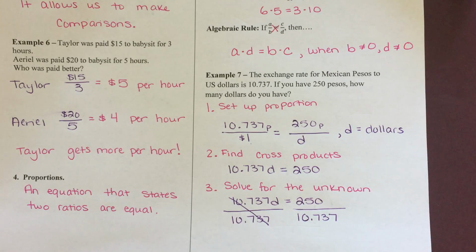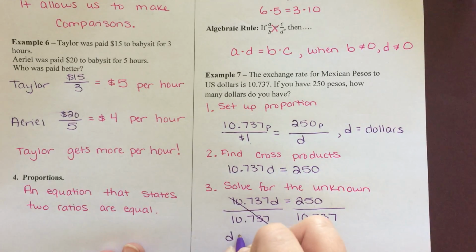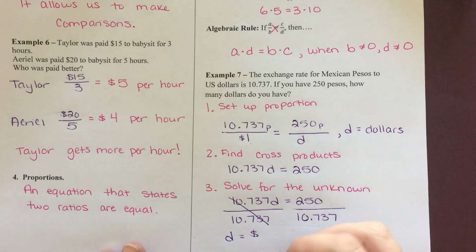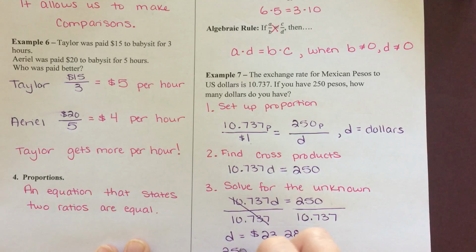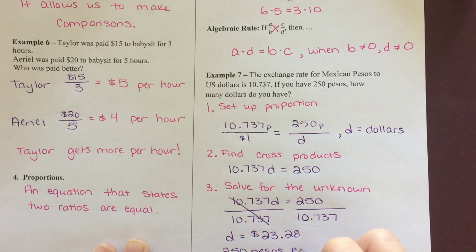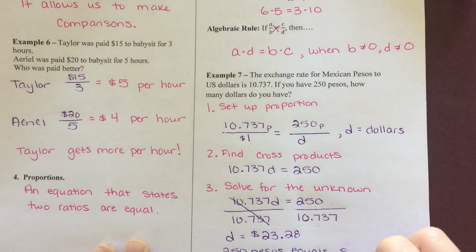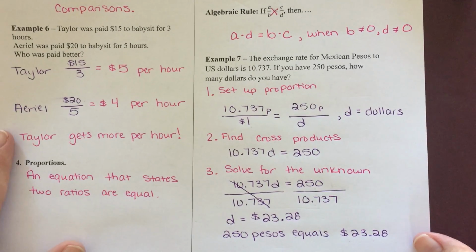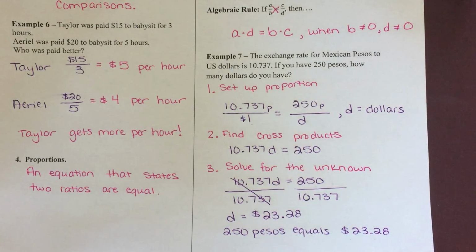When we do that in our calculator, we're going to find that D equals, it's dollars, that's what we're searching for, $23 and about 28 cents. That means that 250 pesos equals $23.28 American dollars. We will continue going over this in class over the next week.